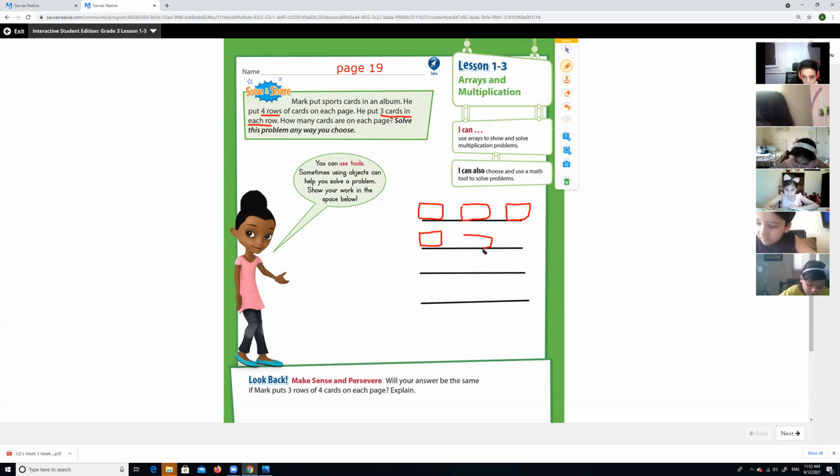One, two, three. Excuse my drawing. One, two, three. So first, I draw 4 rows. Then I put 3 cards on each row.